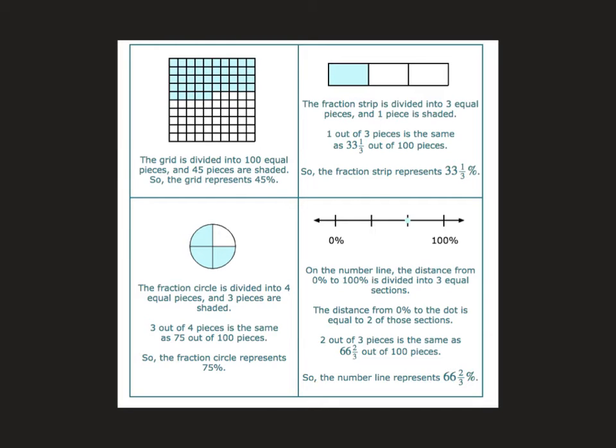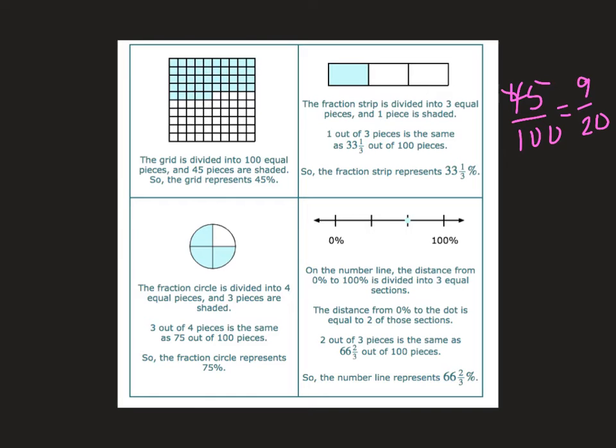So the first one is a hundredths grid, and there are 45 pieces shaded. So it equals 45%. But also it equals 45/100. We can simplify that by 5, so it would be 9/20.